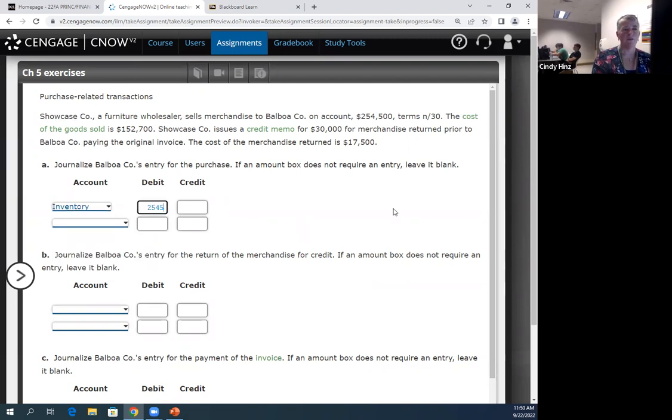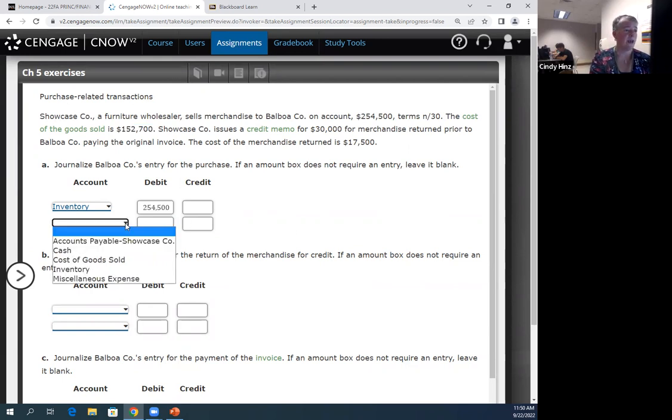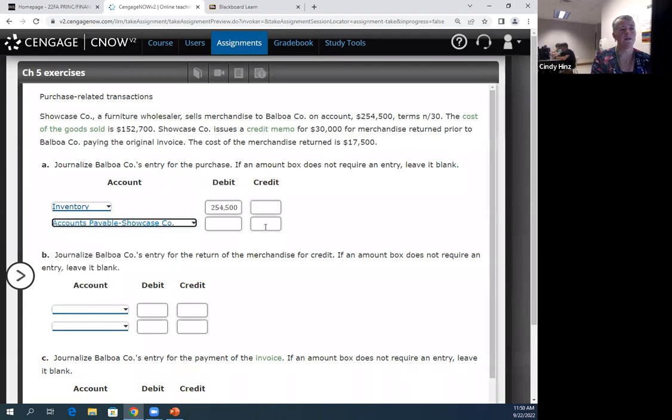They now have inventory valued at $254,500. Remember, Showcase had it on their books for just $152,700. But Balboa is going to carry it on their books at what they paid for it. It's somewhat like a value added transaction. And they bought it on credit, so now we're going to report that payable.